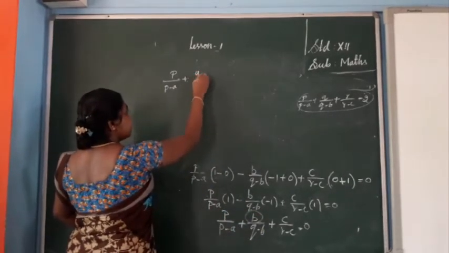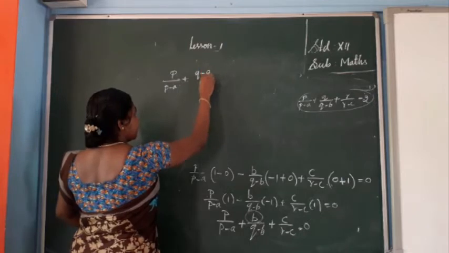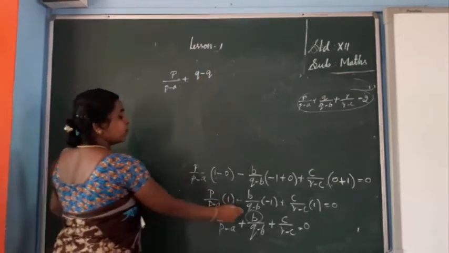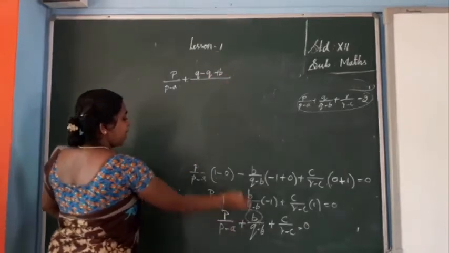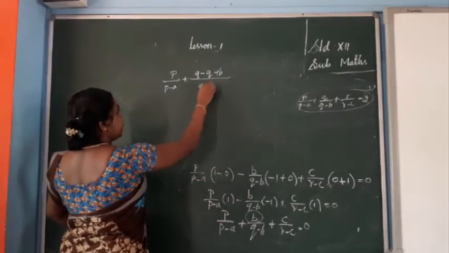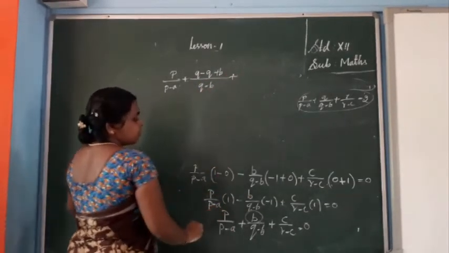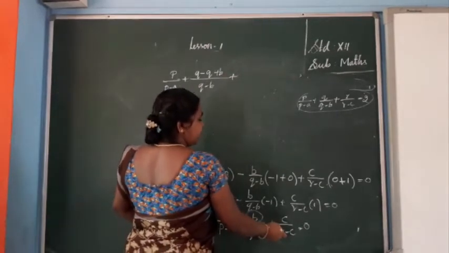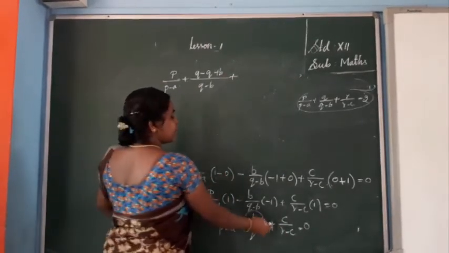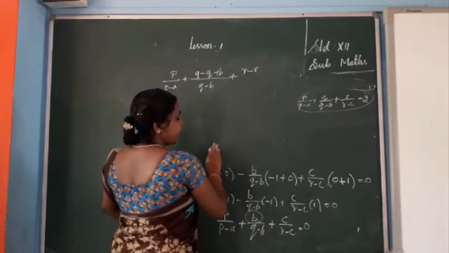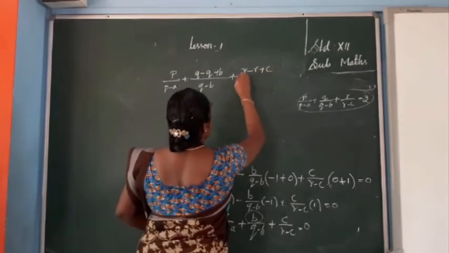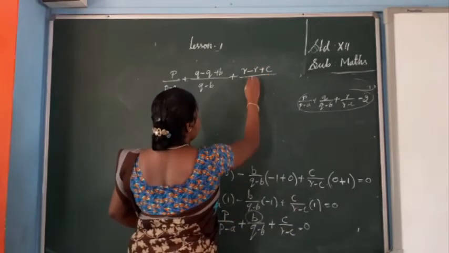I am adding and at the same time subtracting 1q also. Okay, q minus q. Already one b is there, so plus b divided by q minus b plus. Next part, third part is c by r minus c. So here I am going to add and subtract 1r. So r minus r plus c divided by r minus c.